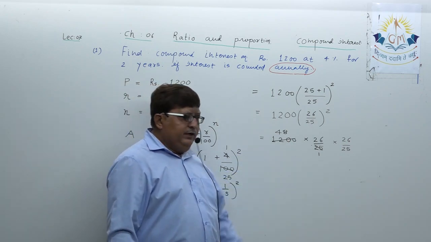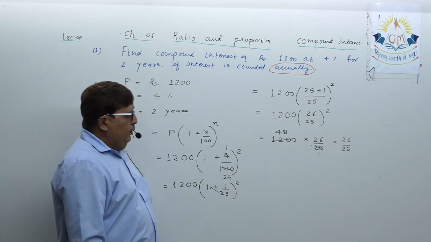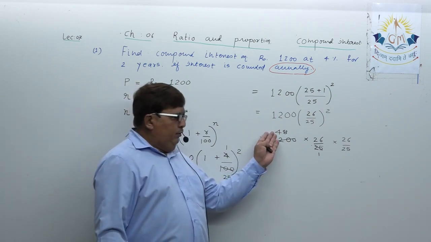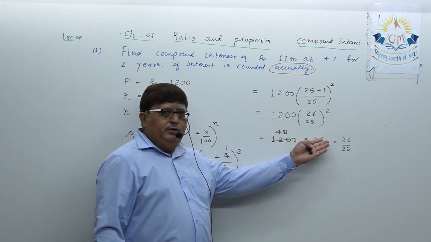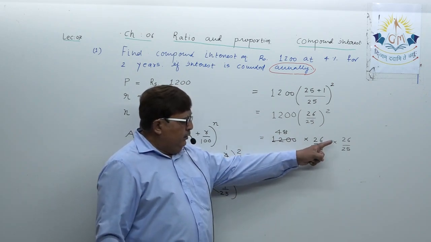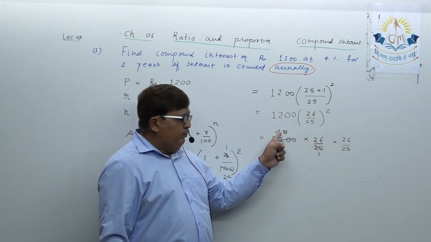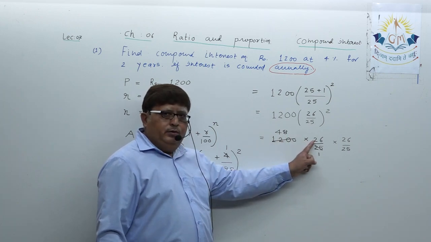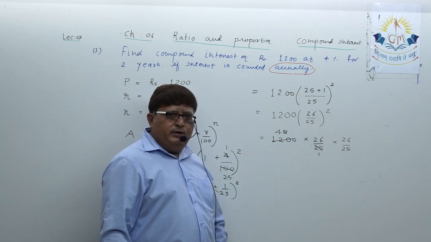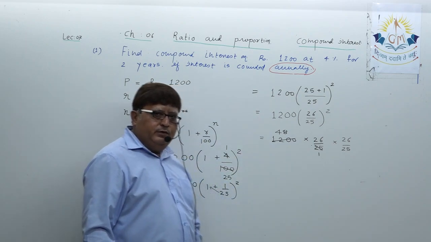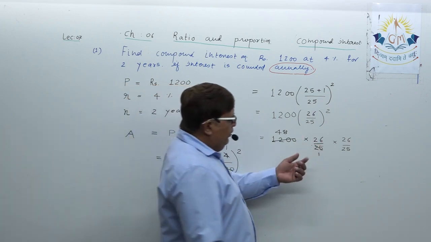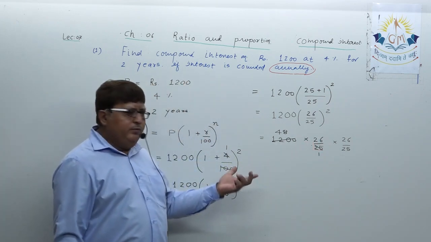Only 25 into 48. So now, dear student, what will you do? You will multiply the numbers in the numerator. 26, 26, 48. You know the square of 26. 26 into 26 is 676. You must be knowing it. Okay. Or you can also multiply this way.